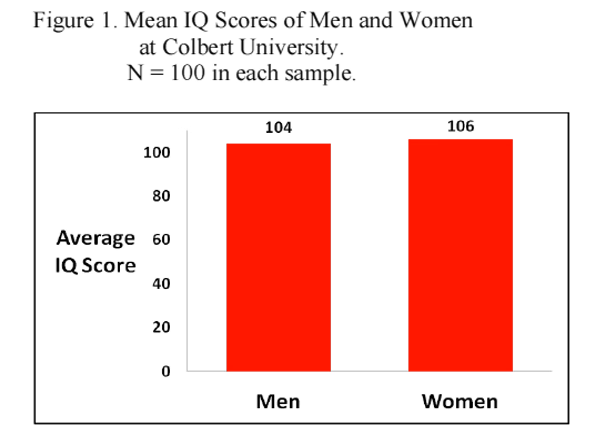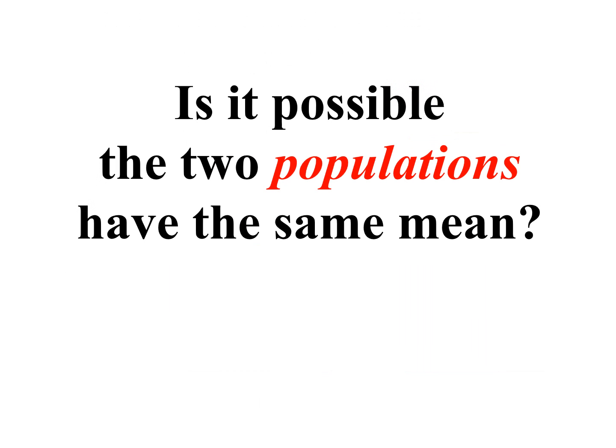The mean IQ score for women was 106, and the mean IQ score for men was 104. But then the researcher faces this question: is it possible that the two populations have the same mean? In other words, is it possible that this 2-point difference between men and women in the sample is due to sampling error?